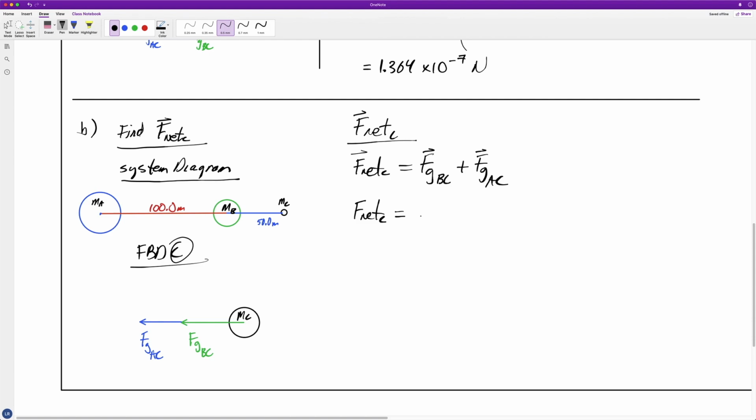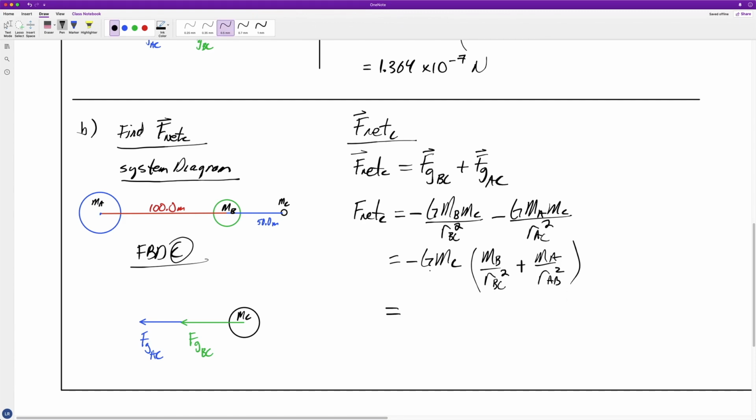F net C is equal to negative, because it's going to the left, G MB MC over RBC squared minus G MA MC over RAC squared. Taking a common factor of negative G and MC, we've got negative G MC bracket MB over RBC squared plus MA over RAC squared.